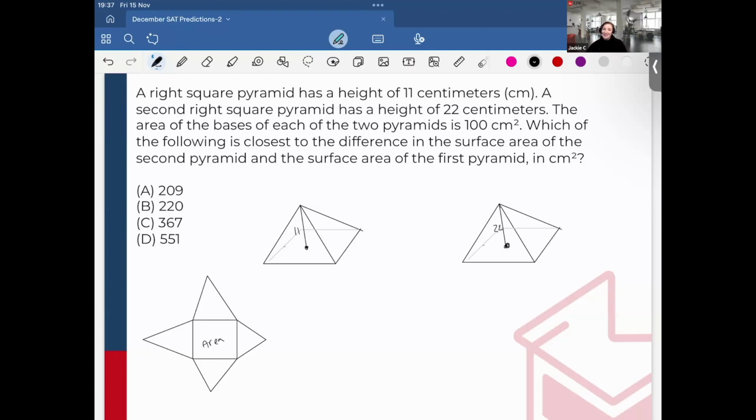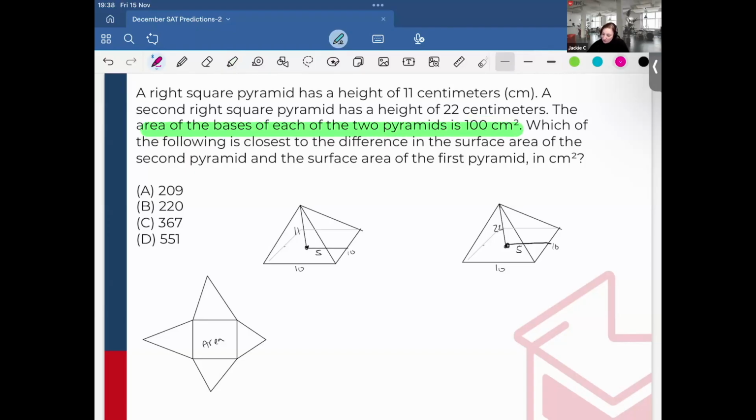So why don't I find the area of the triangle? If I know the area of the bases is 100 centimeters squared, then all these sides are 10, and this would just be half of 10, which is 5. And same here, this would also be 5.